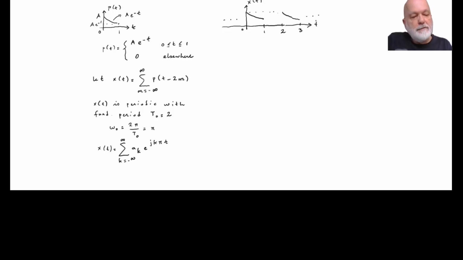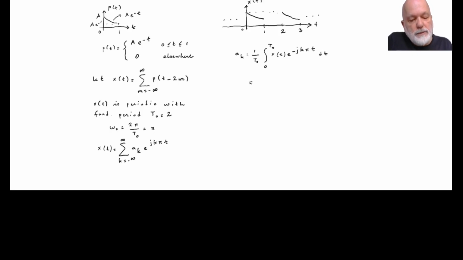Now, how can we evaluate ak? ak is, remember, 1 over T0 times the integral over a period. Let us integrate from 0 to T0, for instance, of x of t e to the minus j k omega 0 t, where omega 0 here is pi, integrated with respect to t.